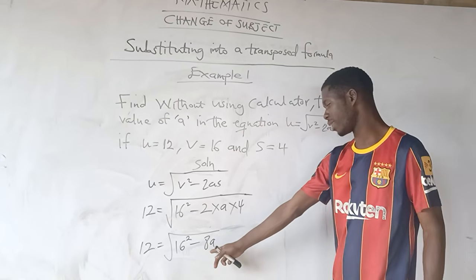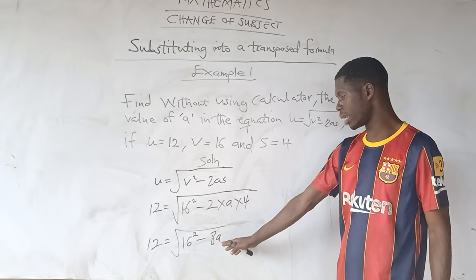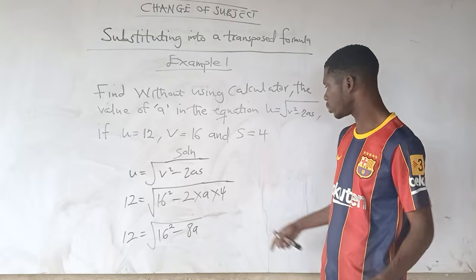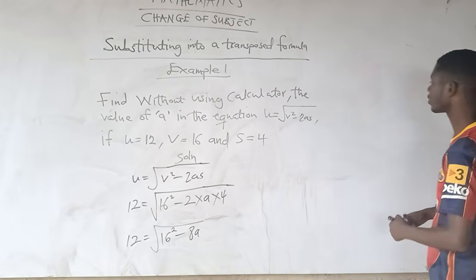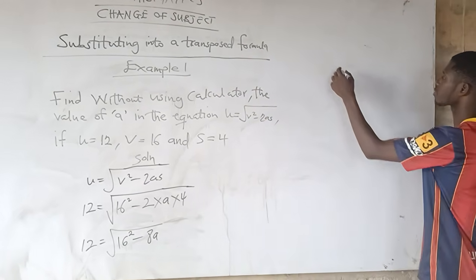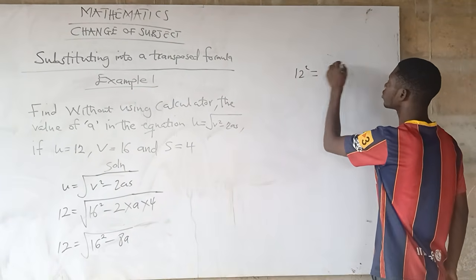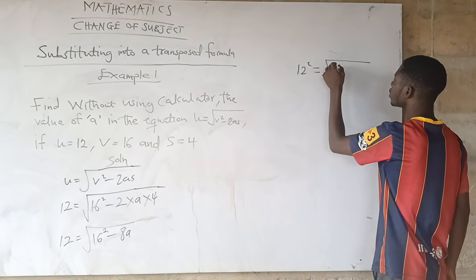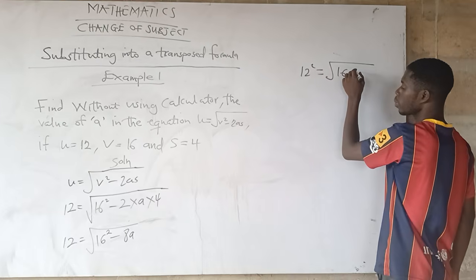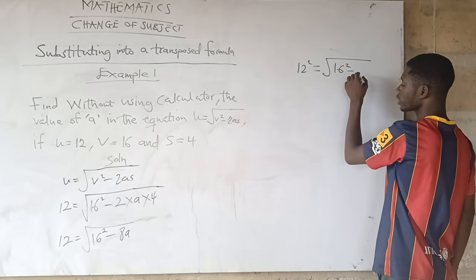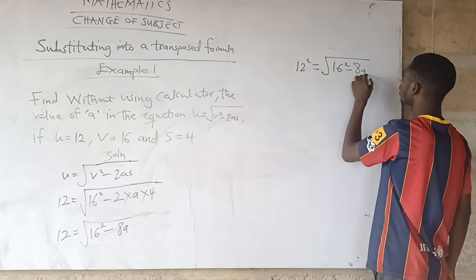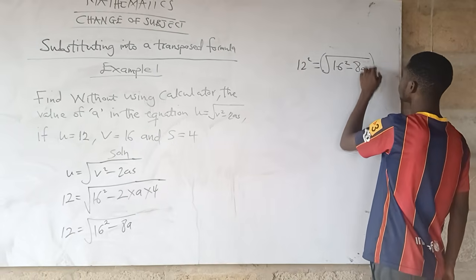Now you want to eliminate the root, so you square both sides. You get 12 squared is equal to root of 16 squared minus 8a, all squared.